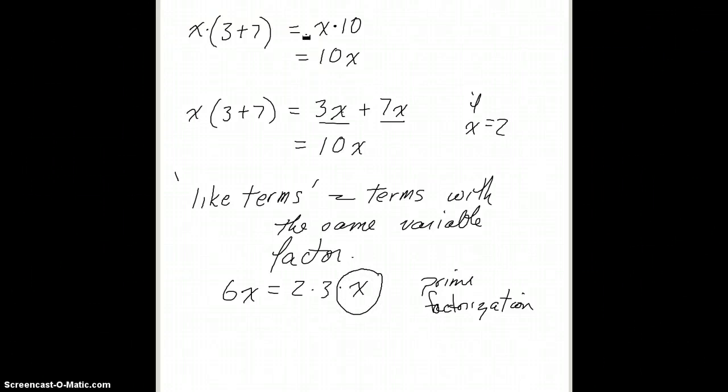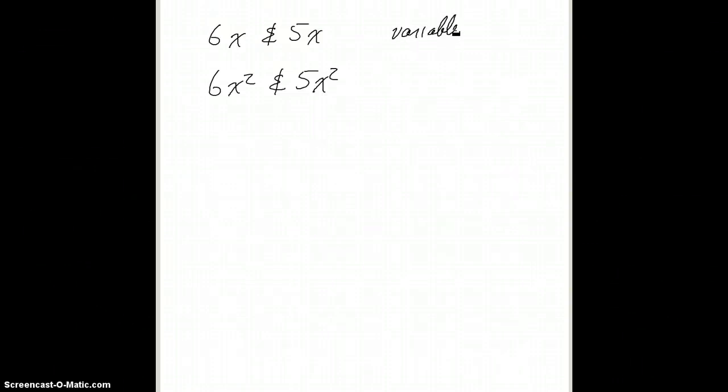Let me give you another example. If I have 6x and 5x, these are like terms. 6x squared and 5x squared, these are also like terms. The variable factors, well, let's look at it. For 6x, the variable factor would be x.